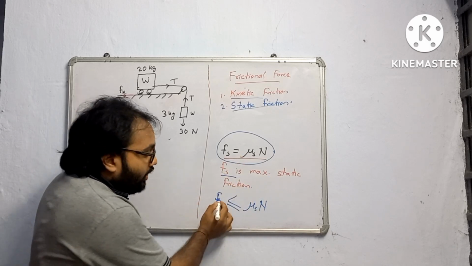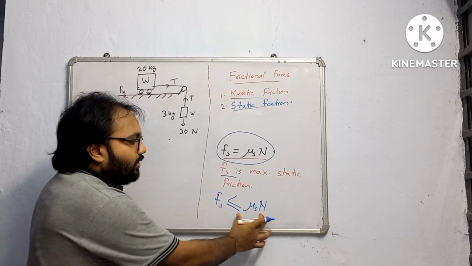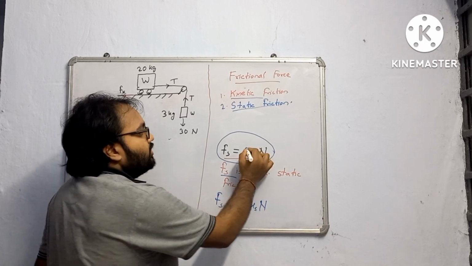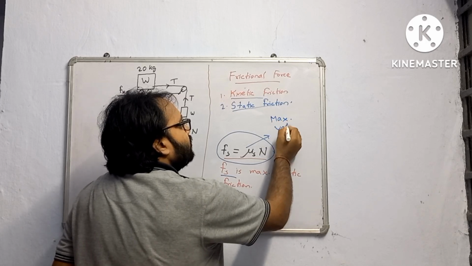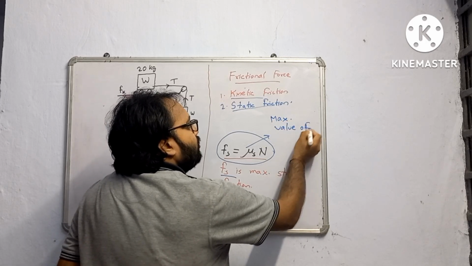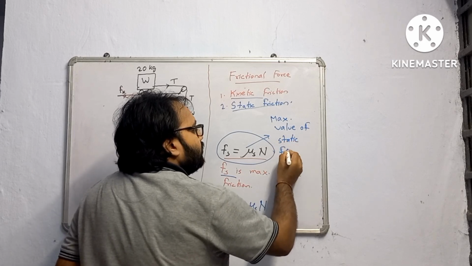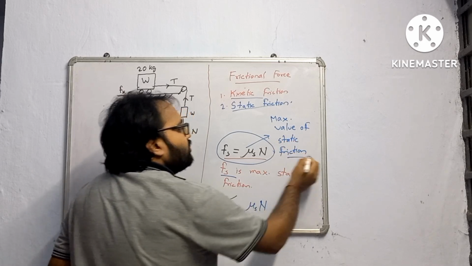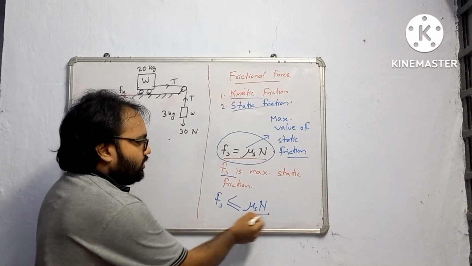In reality, Fs is less than or equal to this. It gradually increases, and this is the maximum value of static friction; otherwise it is less than or equal to this.